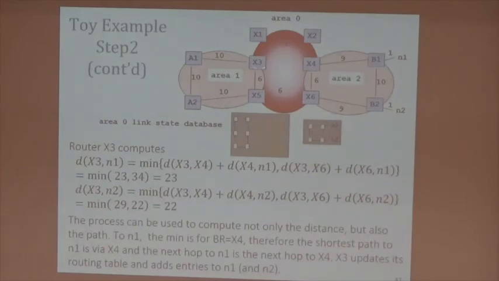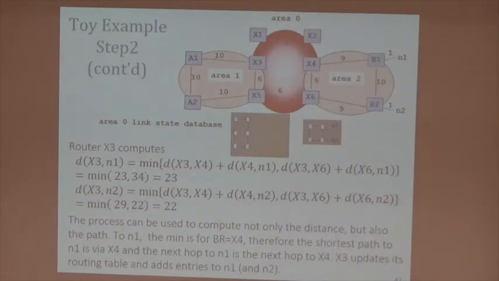Router X3, for example, knows that there are only two routers in the area that have advertised a distance to N1. So it has to compare the cost of going through each of those two routers. So it's linear complexity. So X3 will compare the cost of going to N1 via X4, which is this guy, and via X6, which is this guy.